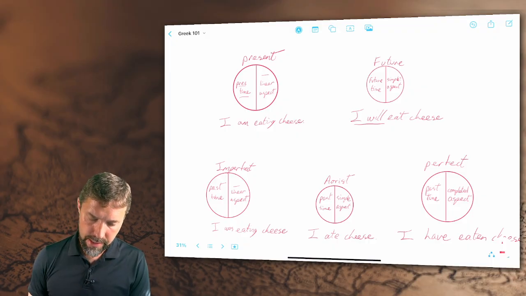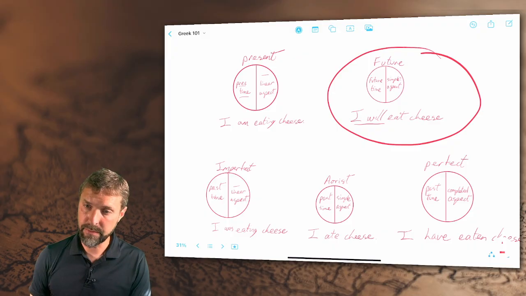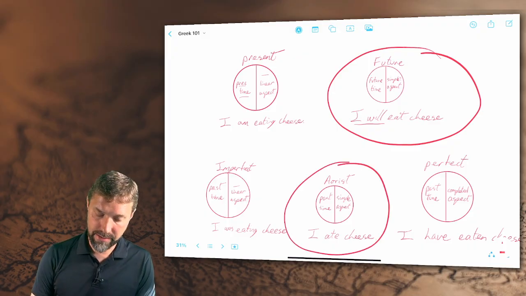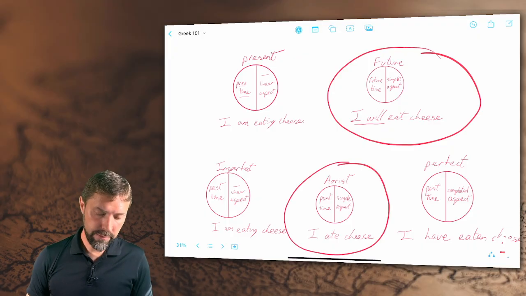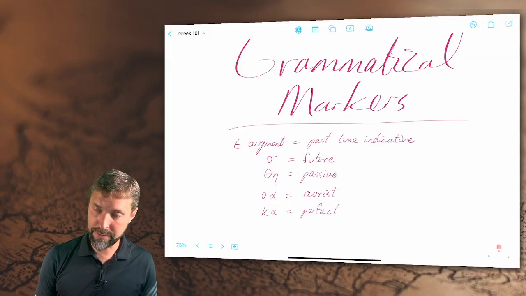And the two spots you're going to hit are the future, active and middle, and the aorist, active and middle. Reason for that is if you think of both of those spots, I've given you some grammatical markers that I encourage you to remember. The grammatical markers that I suggested for those two spots were that the sigma is the sign of the future, and the sigma alpha is a sign of the aorist.